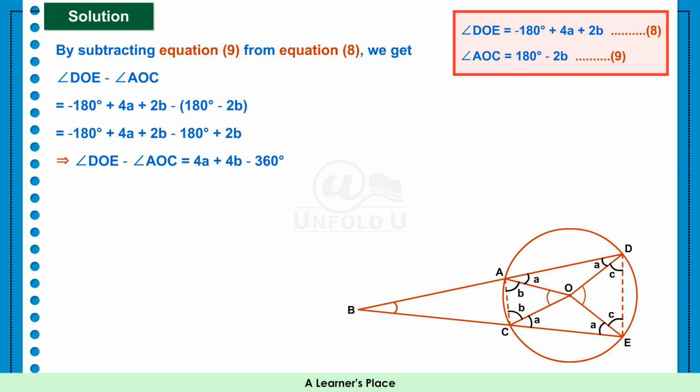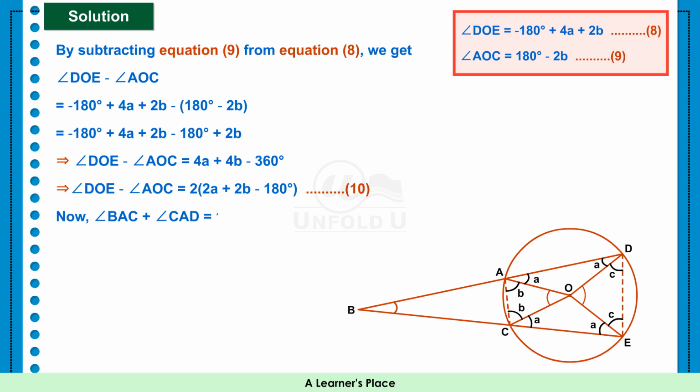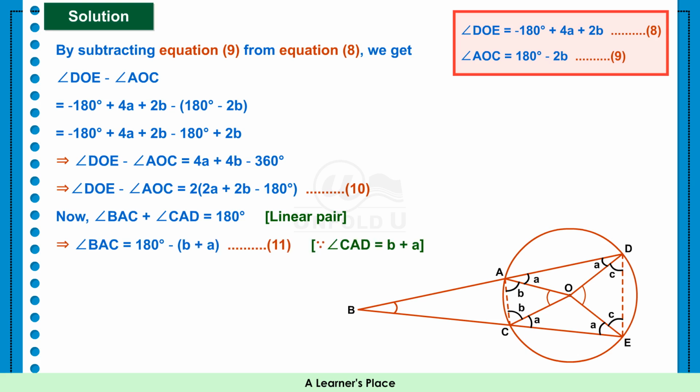By taking 2 common from right hand side, this becomes now angle BAC plus angle CAD is equal to 180 degree, which implies angle BAC is equal to 180 degree minus B plus A. Similarly, angle BCA is equal to 180 degree minus B plus A.